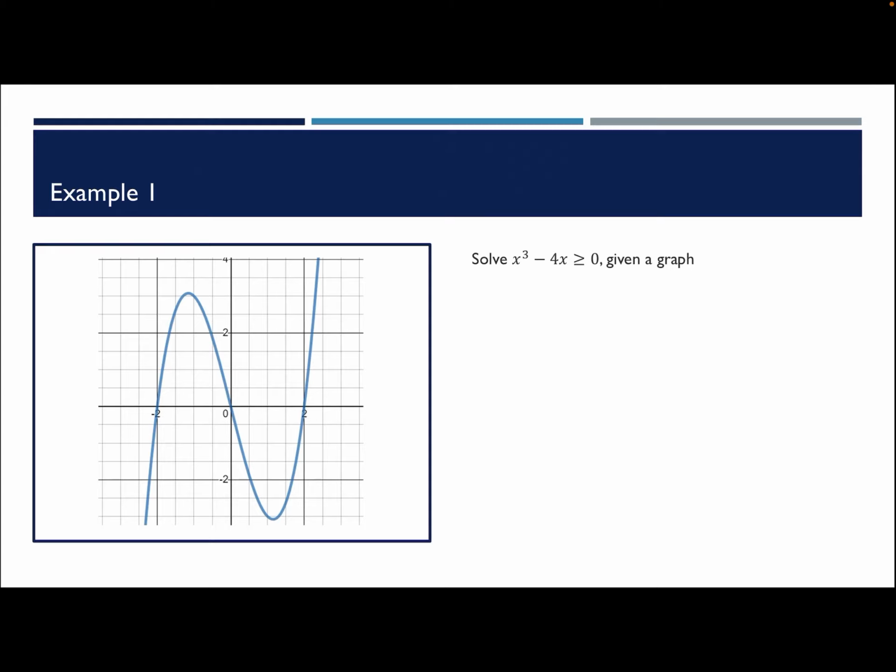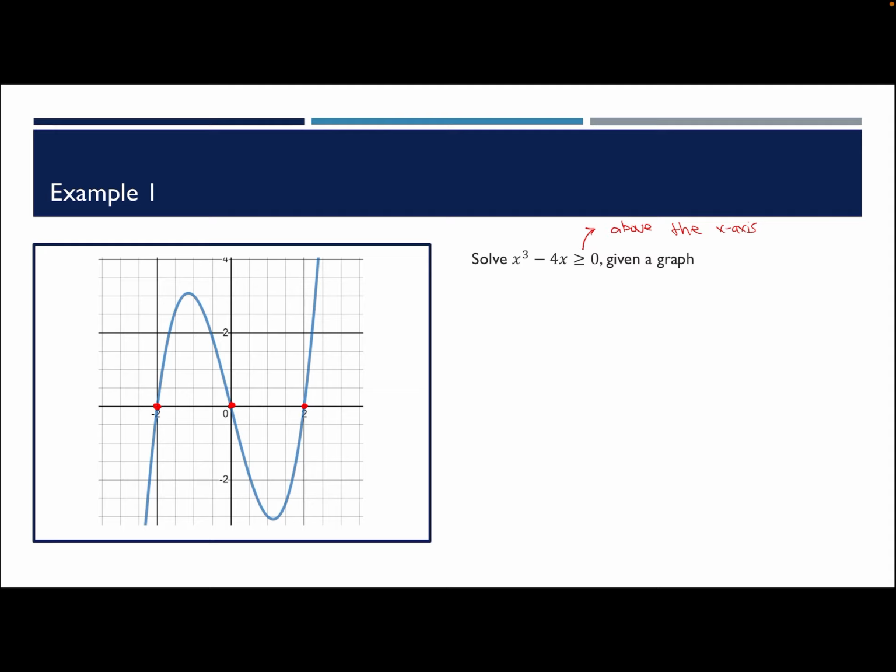And our first example is x cubed minus 4x is greater than or equal to 0. So our zeros are negative 2, 0, and positive 2. We want where the graph is greater than or equal to 0. This means above the x-axis.